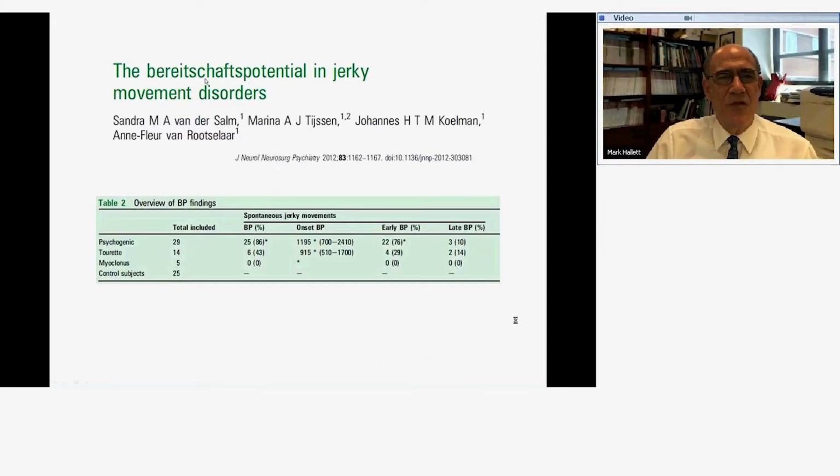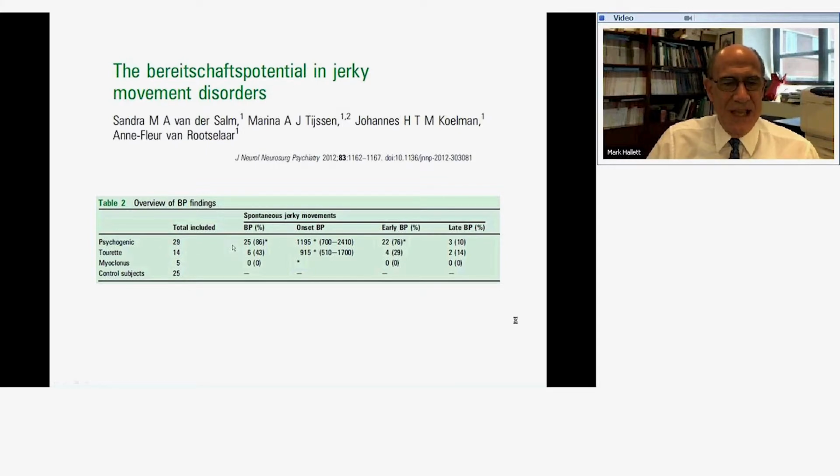In terms of looking at the Bereitschaft potential in a large number of individuals, in terms of control individuals, of course, that's what one would see in normal voluntary movement. In patients that have organic myoclonus, you would never see a Bereitschaft potential. What you see is that early spike-like potential that I was showing you.